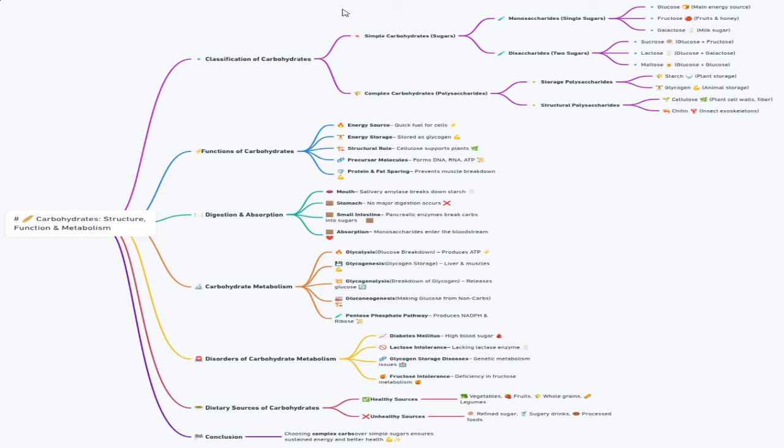And for hyaluronate, the glycosaminoglycan is also a heteropolysaccharide and acidic.